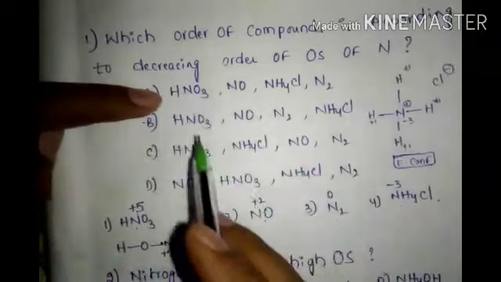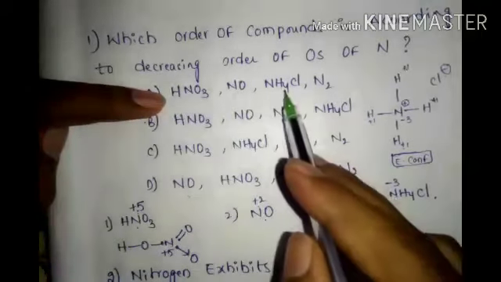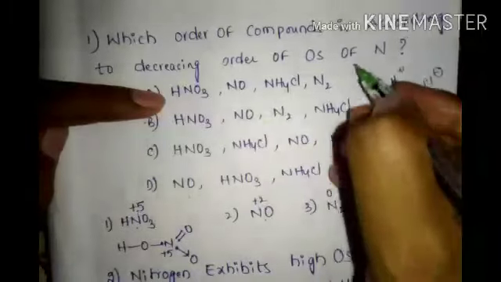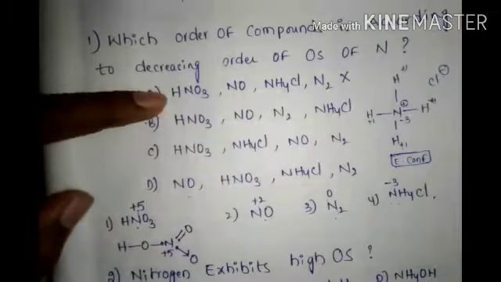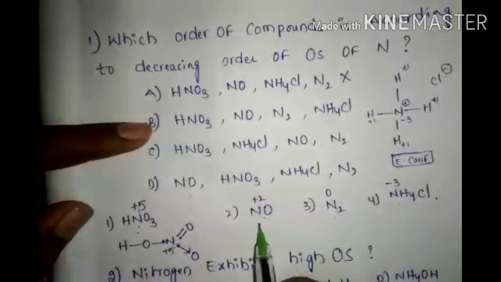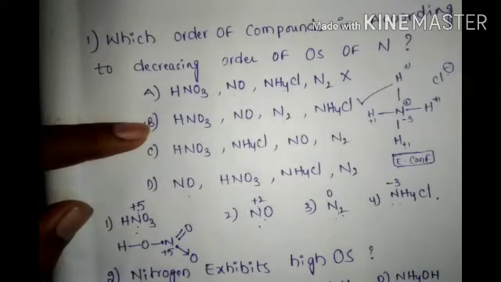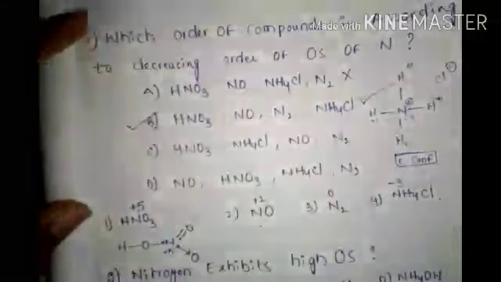Now look at where it is. HNO3, NO, N2, it is not there, NH3. So the first option is wrong. Second, HNO3, NO, N2, NH4Cl. Yes, the second option is correct.